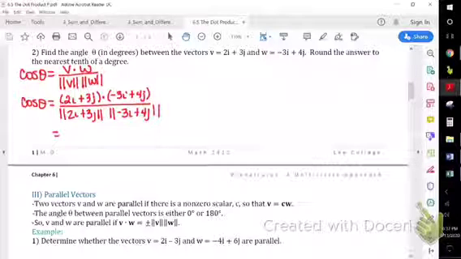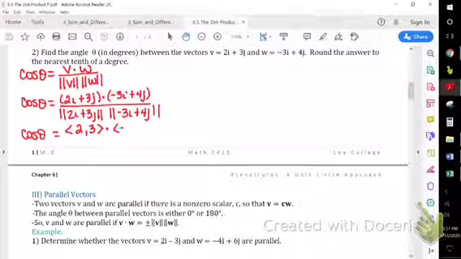Alright, so I'm going to write the numerator in the vector components. And so we know then that cosine of theta is equal to vector v that has components of 2, 3, dot vector w that has components of negative 3, 4, over. And then remember how to find the magnitude?